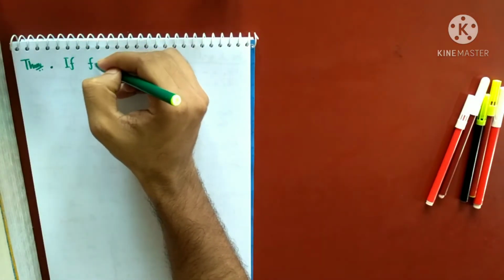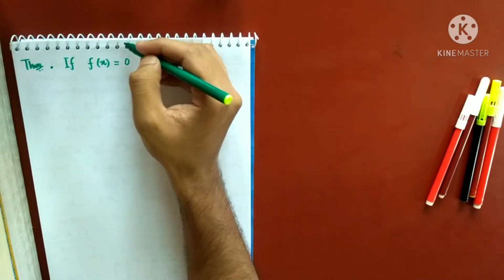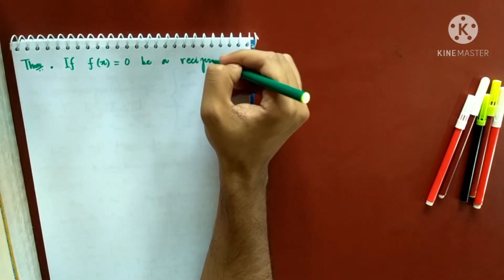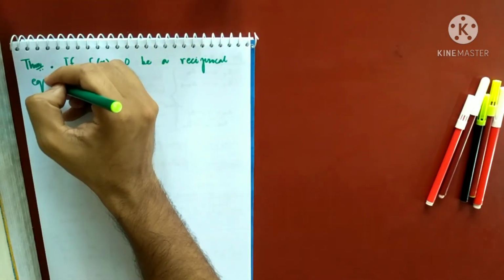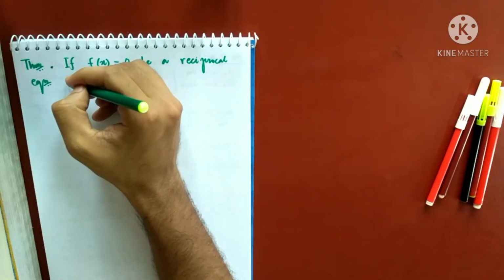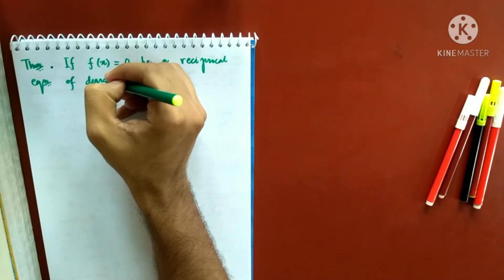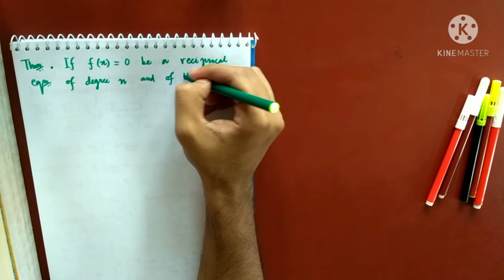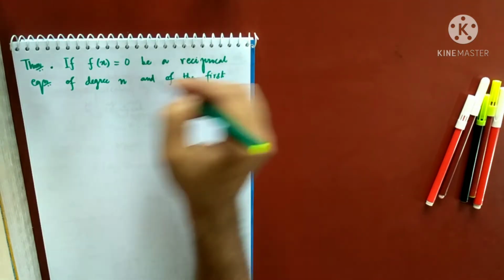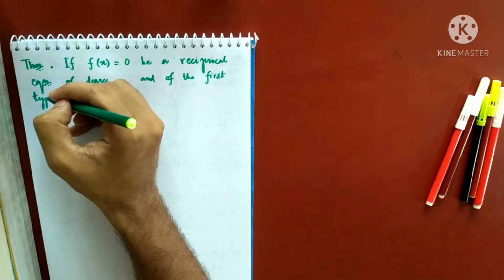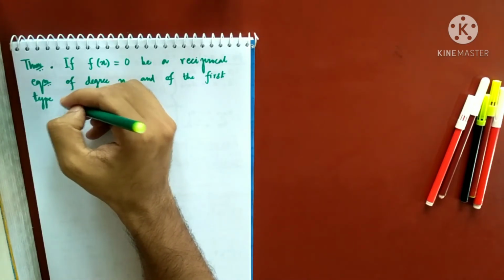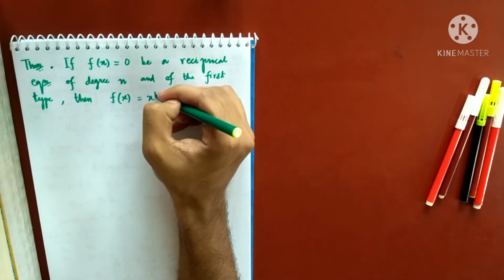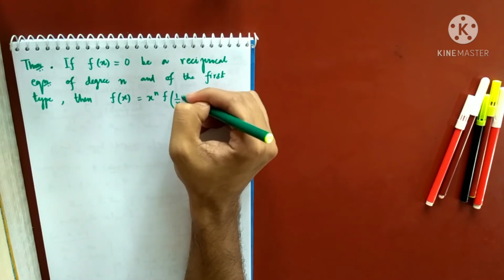If f(x) = 0 be a reciprocal equation of degree n and of the first type, then f(x) can be written like this: f(x) = x^n f(1/x).